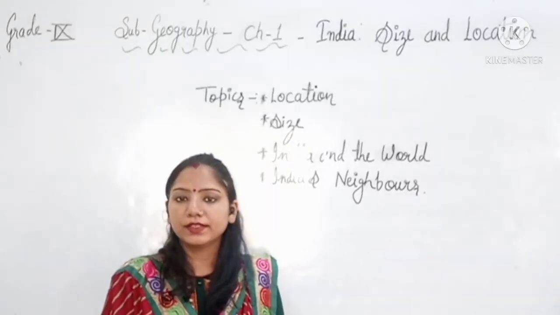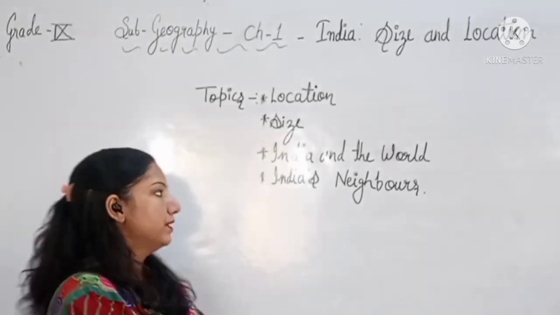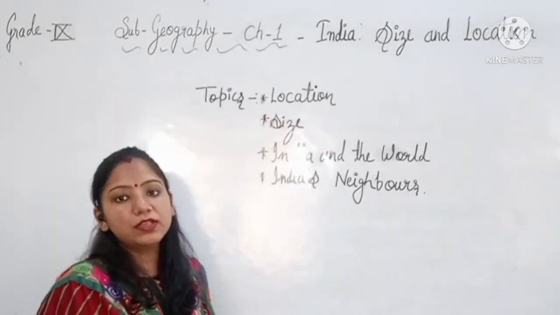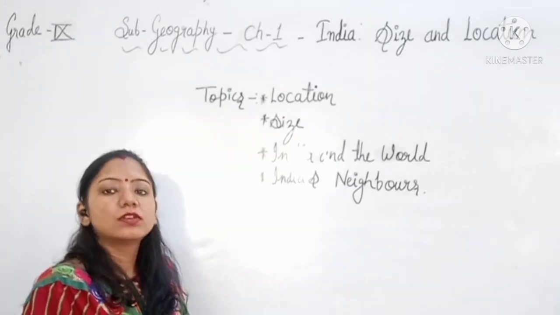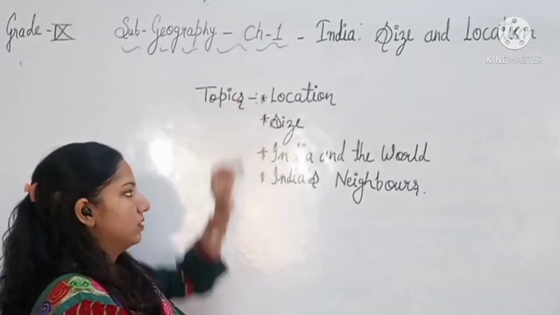So students, in this chapter we are going to study a few topics. First, the location of our country, means in which hemisphere, and at which latitudes and longitudes our country is situated.